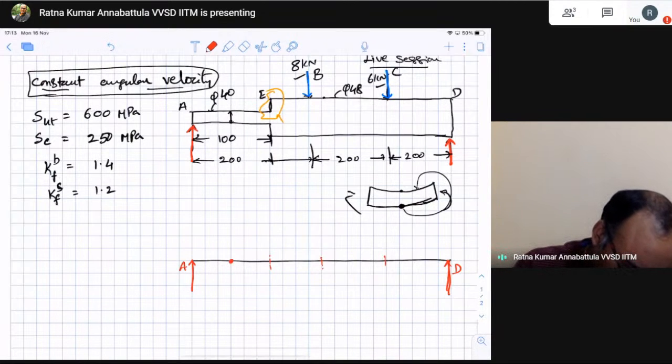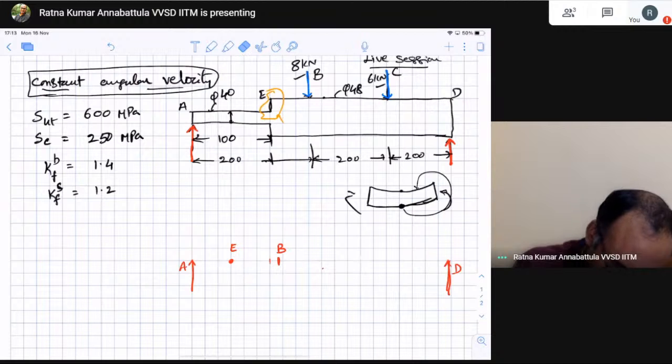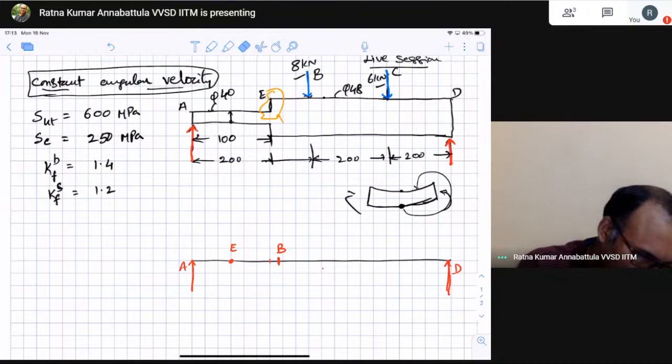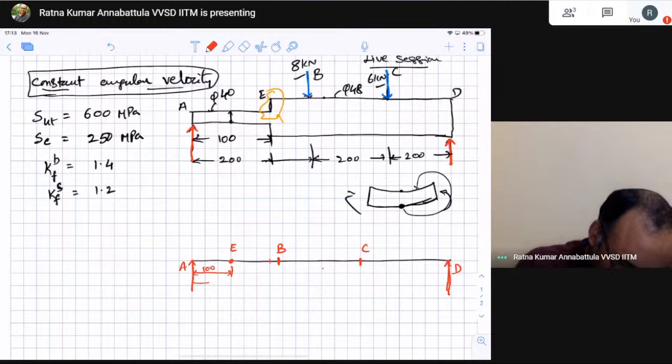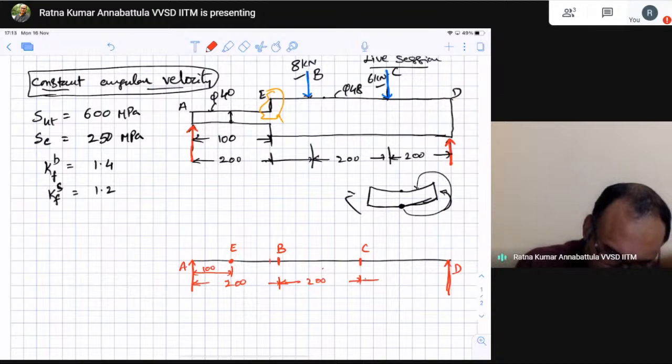So let me say this is E and that is B, and that is C. From here to here it is 100, and that is 200, another 200, and another 200.